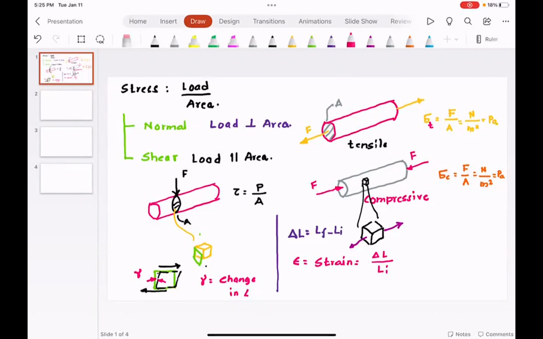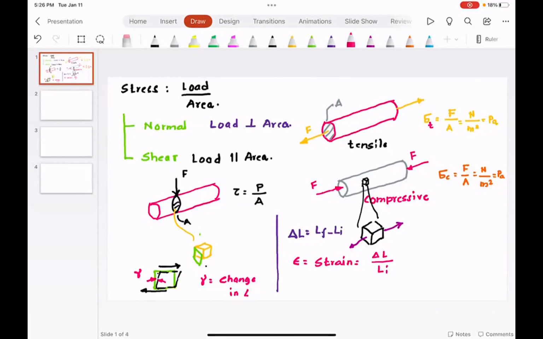What happens next? You pull that further, and you would observe in metals like steel or mild steel that the material starts giving up, which means the material starts yielding. The material no longer holds those atomic bonds together. For the same force, the material would continue to deform.